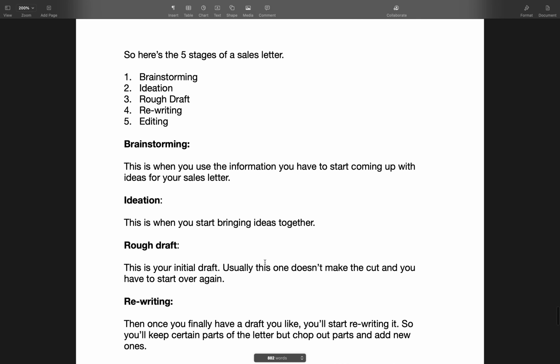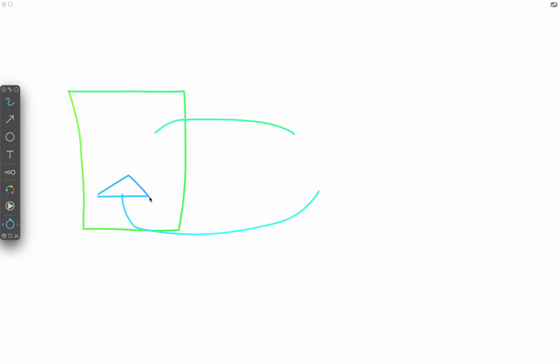Once you have the rough draft, then you're going to start rewriting it, right? So that's when you start taking the main sales letter, and maybe you're just tweaking little parts of it. Maybe you're just changing up the flow, maybe the wording a little bit.